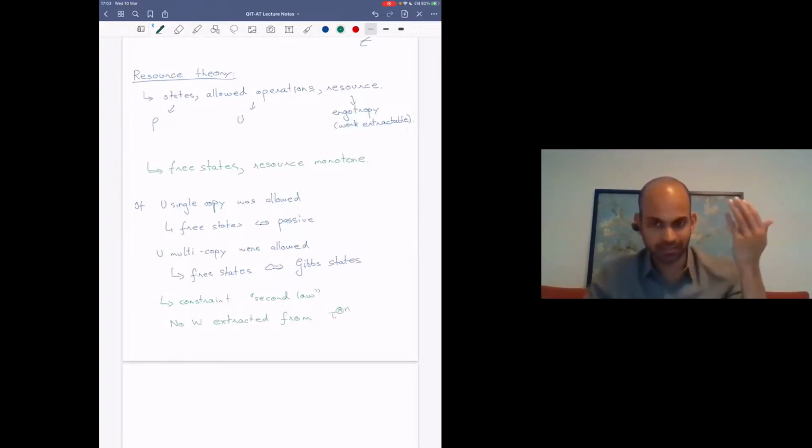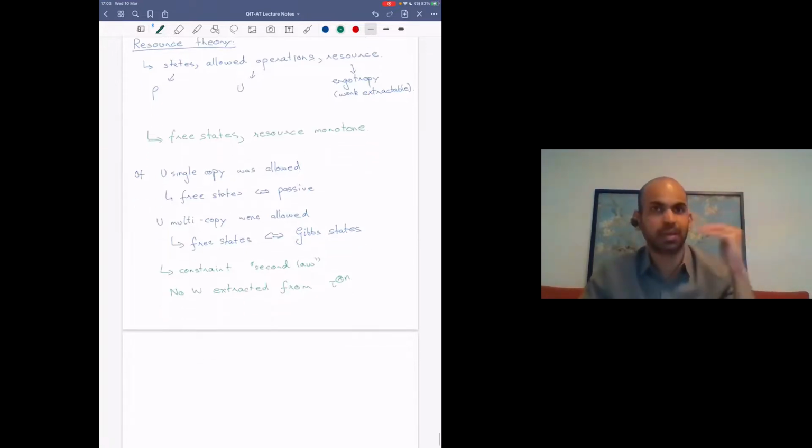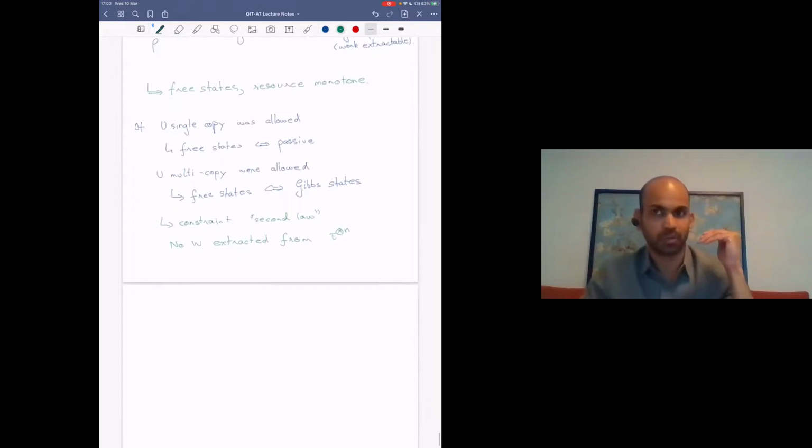This is going to link very much into the concept of a thermal bath, because as we know from classical thermodynamics, one of the statements of the second law is that you cannot extract work from heat. That is the same as saying that if you change the energy of a thermal bath, you are necessarily not going to be able to extract work. You can only increase the energy of a thermal bath by doing a unitary on it. So this is really the first example of a resource theory that we will come across.